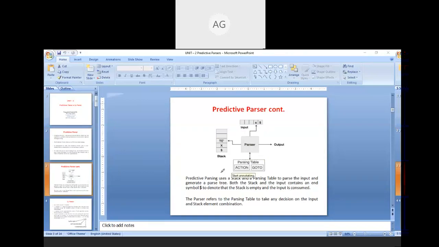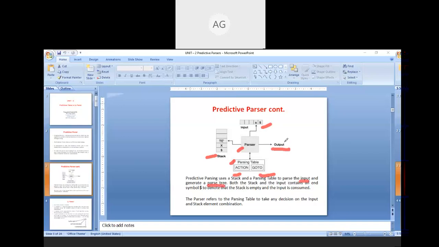So this is the parsing table. Basically, as you can see in the diagram, predictive parsing uses a parsing table, a parser, a stack, an input tape, and then the output. Predictive parsing uses a stack and a parsing table to parse the input and generate a parse tree.